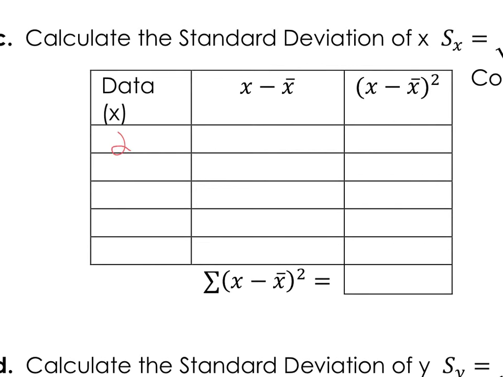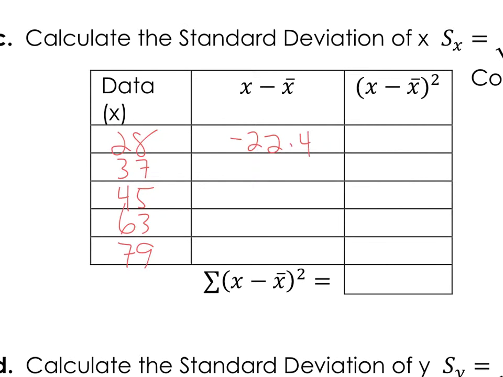So 28 and 37 and 45 and 63 and 79. Now, the next column is x minus x bar. That's each individual x value minus the average of the x's. So, for example, I'm going to take 28 and subtract 50.4, and when I do that, I get negative 22.4.